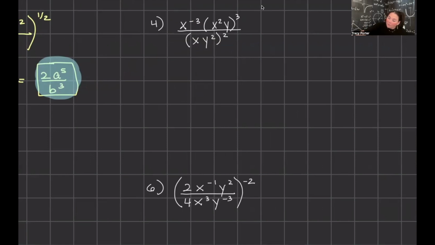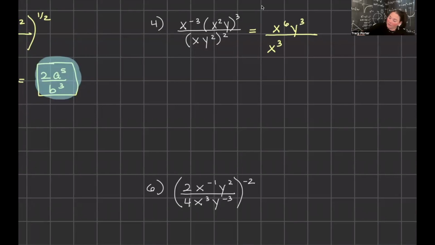For number 4, we have a kind of a combination. We need to distribute all of those powers, but at the same time, we could move this one down to the bottom. So I'm going to go ahead and move that x to the minus 3 down, make it an x to the 3rd. And then this is going to become x to the 6th, y to the 3rd.